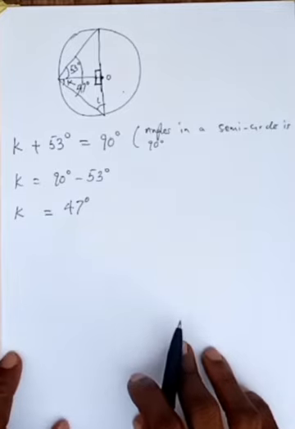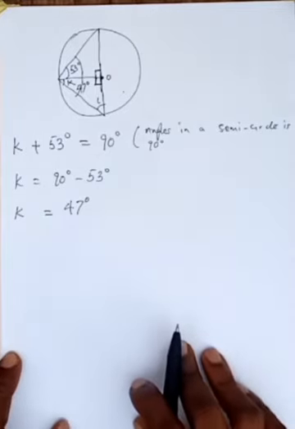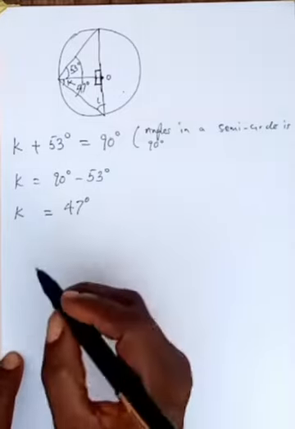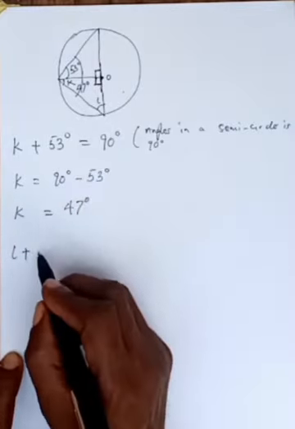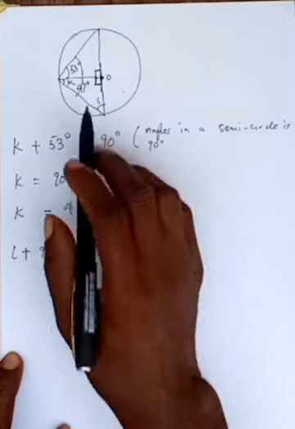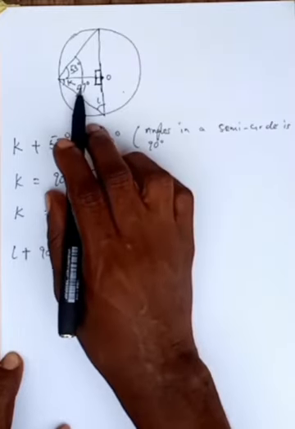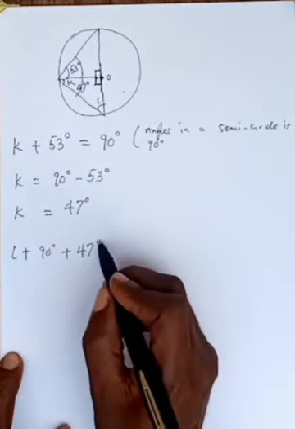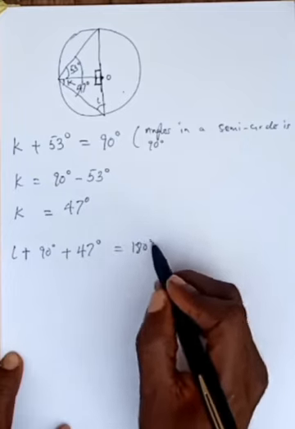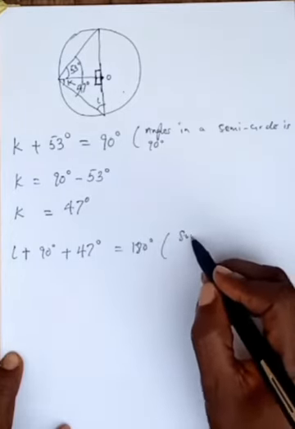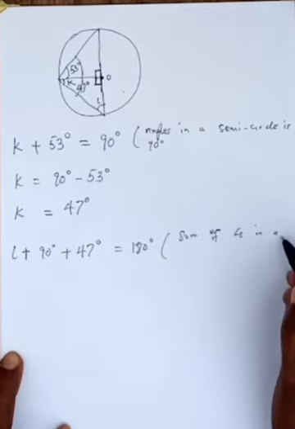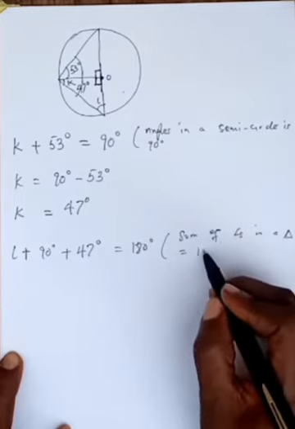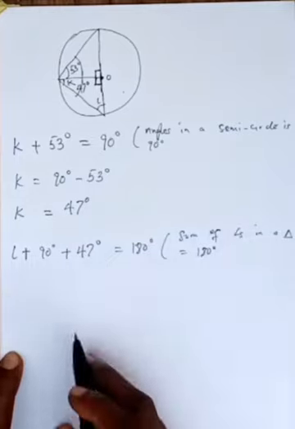That's by the property which states that the sum of angles in a triangle is what? 180 degrees. So it shows L plus this angle here, 90 degrees, plus this angle here, it is K, but K has the value of 47, plus 47 degrees is equal to 180 degrees. Reason being that the sum of angles in a triangle is equal to 180 degrees.